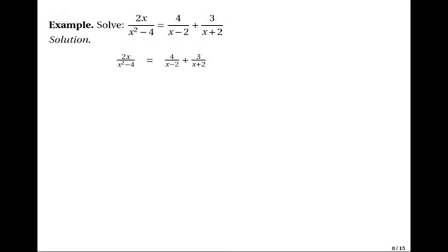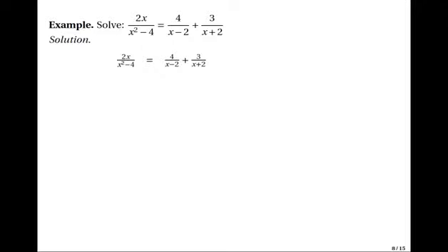Next, look at this. You have 2x over x squared minus 4 equals 4 over x minus 2 plus 3 over x plus 2. So here, you have rational expressions on both the left-hand side and the right-hand side.